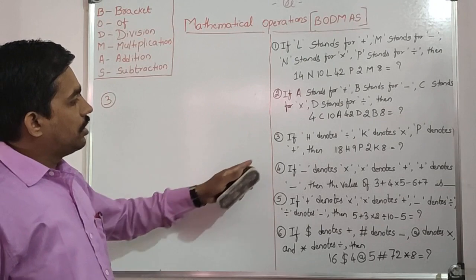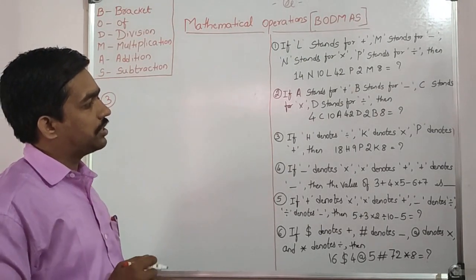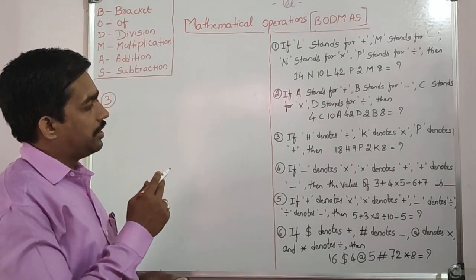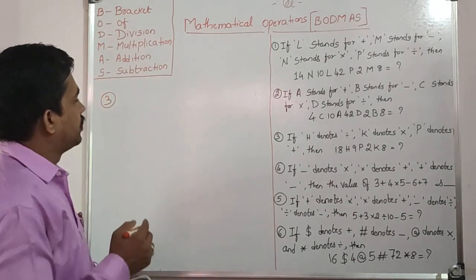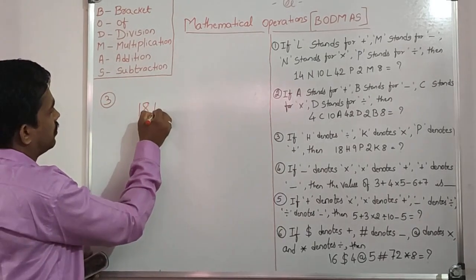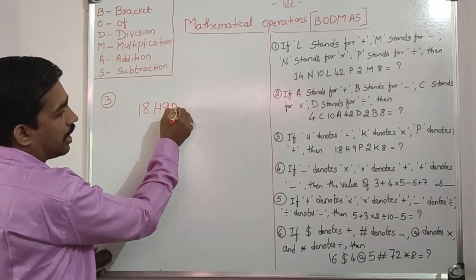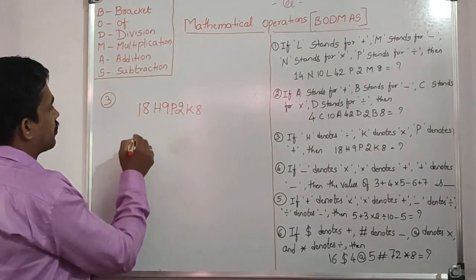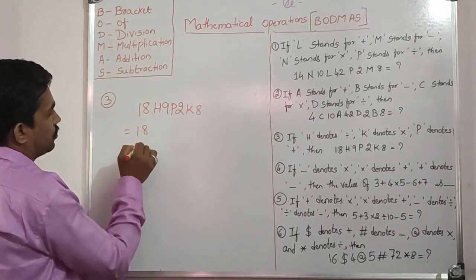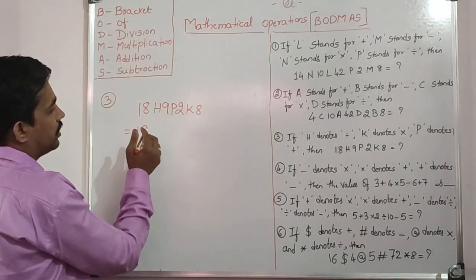Third question: if H denotes divide, K denotes multiplication, P denotes plus, then 18H, 9P, 2K8. Again we will substitute the letters with signs.